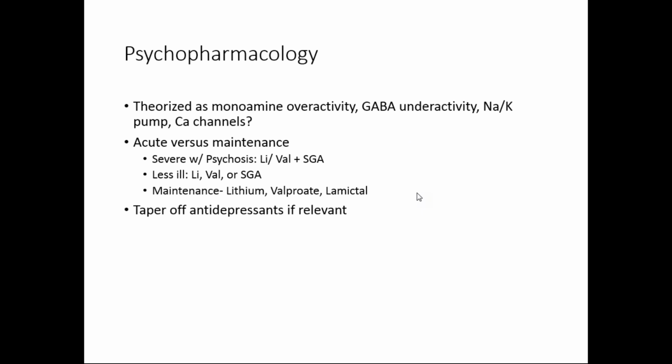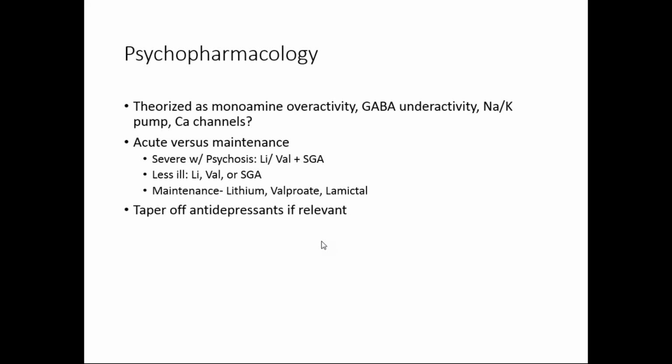We need to slow these hyperactive cells down. Maybe we can boost GABA, slow it down that way. Maybe we can correct the electrical impulse sensitivity by addressing sodium channels. Maybe we can just straight up block norepinephrine or dopamine receptors. Maybe that'll kind of put the fire out a little bit. And that is exactly what we do for the treatment of this.